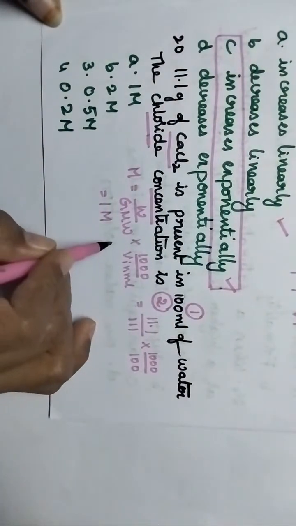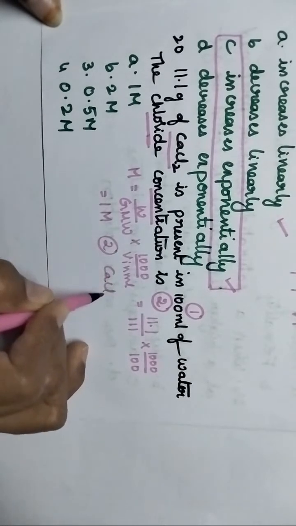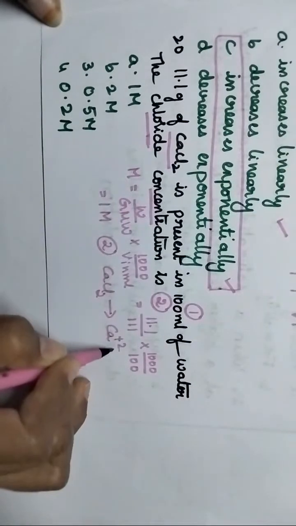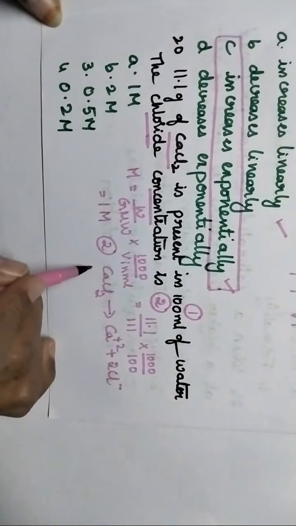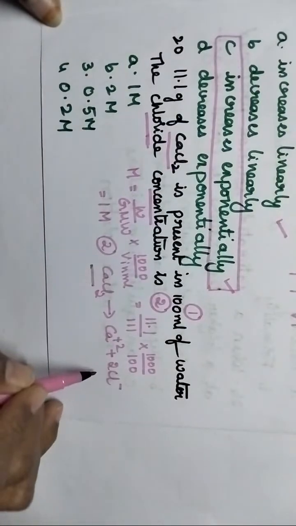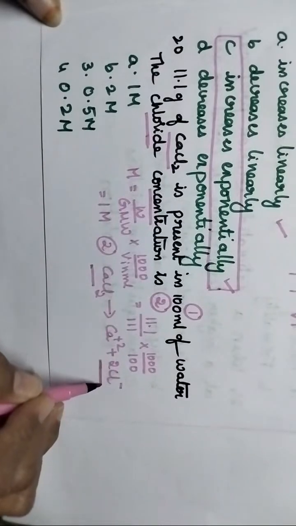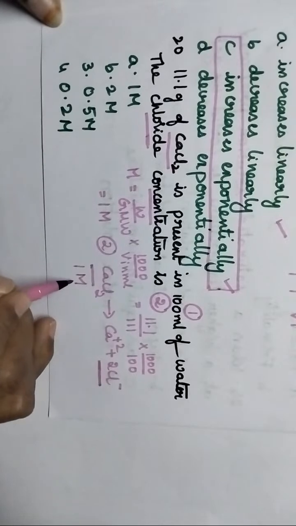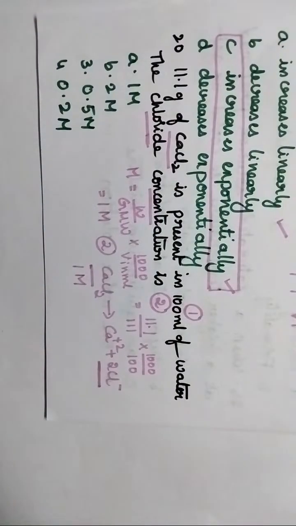Listen to me carefully. The second part is very interesting. Calcium chloride dissociates into Ca+2 plus 2Cl-. So 1 molecule of calcium chloride gives 2 ions of Cl-. So if the concentration of calcium chloride is 1, what is the concentration of chloride? Now you can guess.